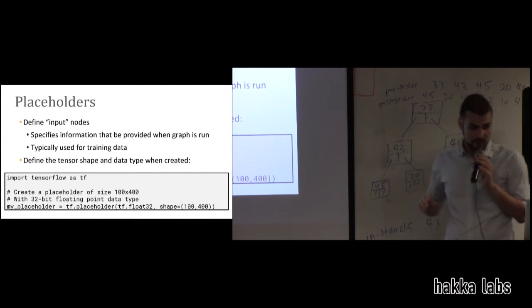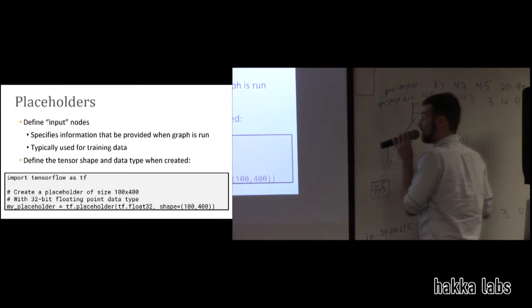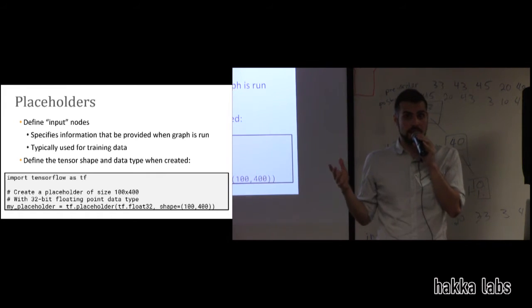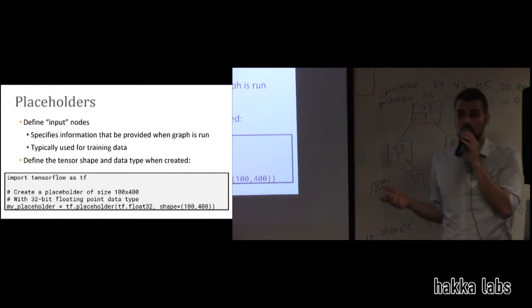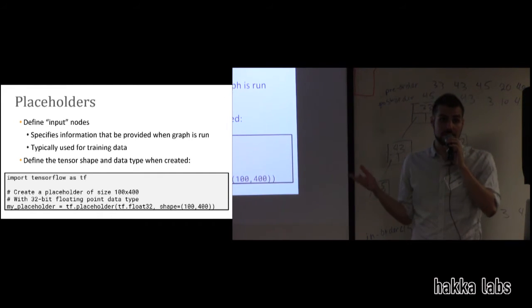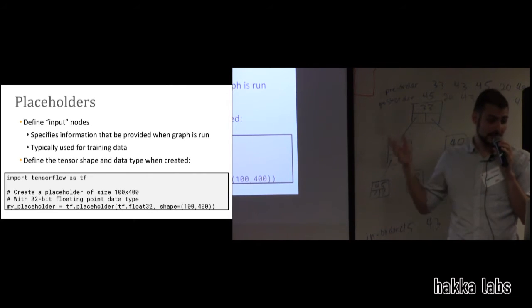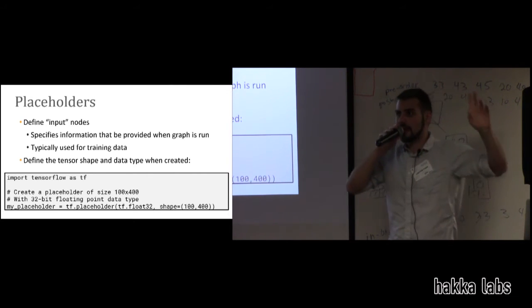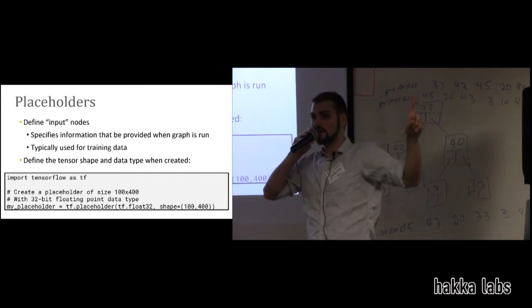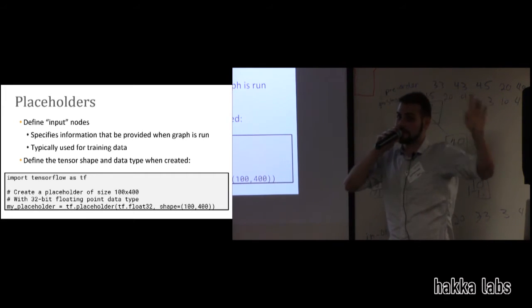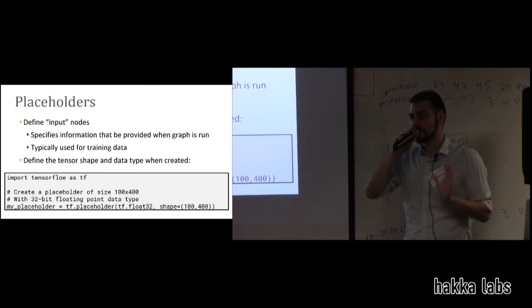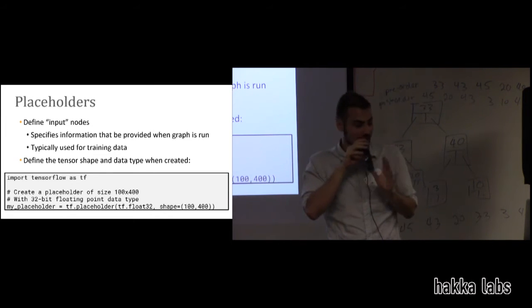For TensorFlow to be able to compute matrix multiplications, it needs to know the dimensions of the matrices. So when you specify a placeholder, you say, well, TensorFlow, I don't have any data for you yet, but I do know it's going to be 100 by 400, so you can calculate all the other shapes you need in order to make sure everything matches nicely.